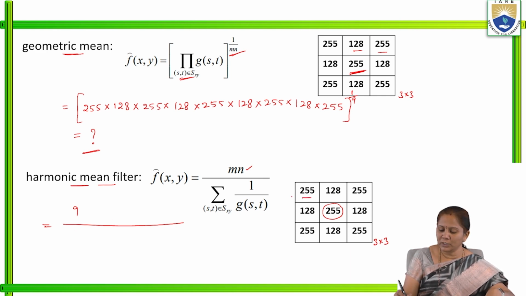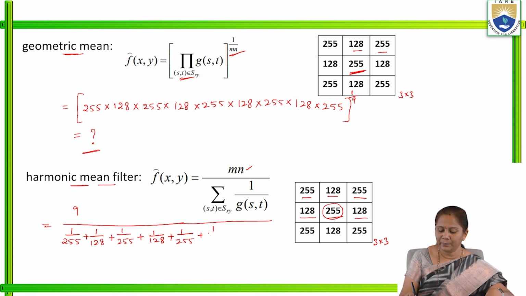Here the first coefficient is 255, so 1 by 255, plus the next one is 128, so 1 by 128, plus the next one is 255, so 1 by 255, plus next 128, 1 by 128, plus 1 by 255, plus 128, 1 by 128, plus 1 by 255, plus 128, plus the next value 255, 1 by 255.